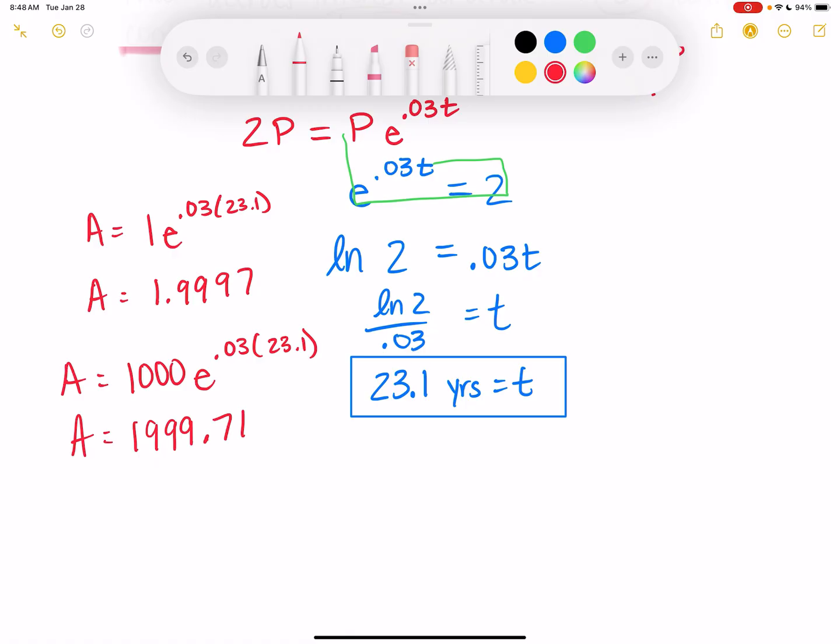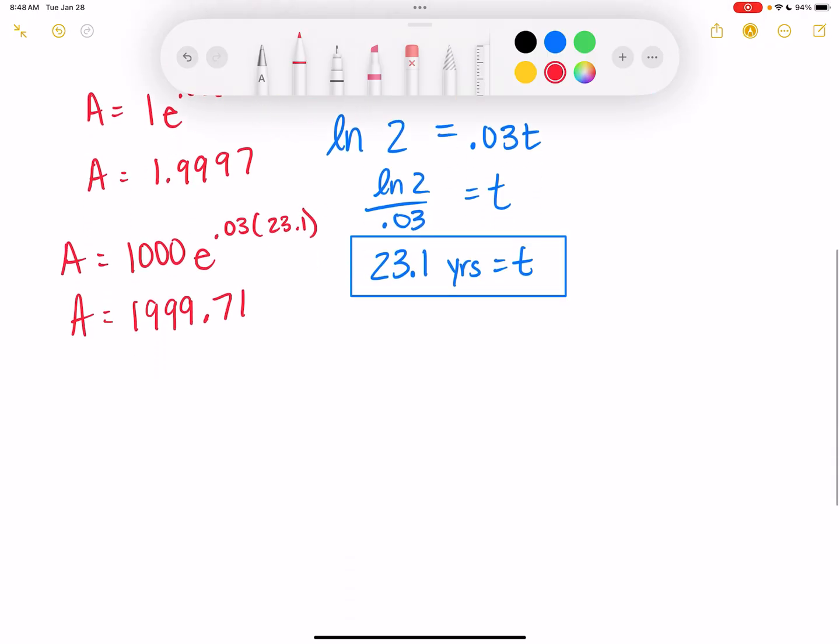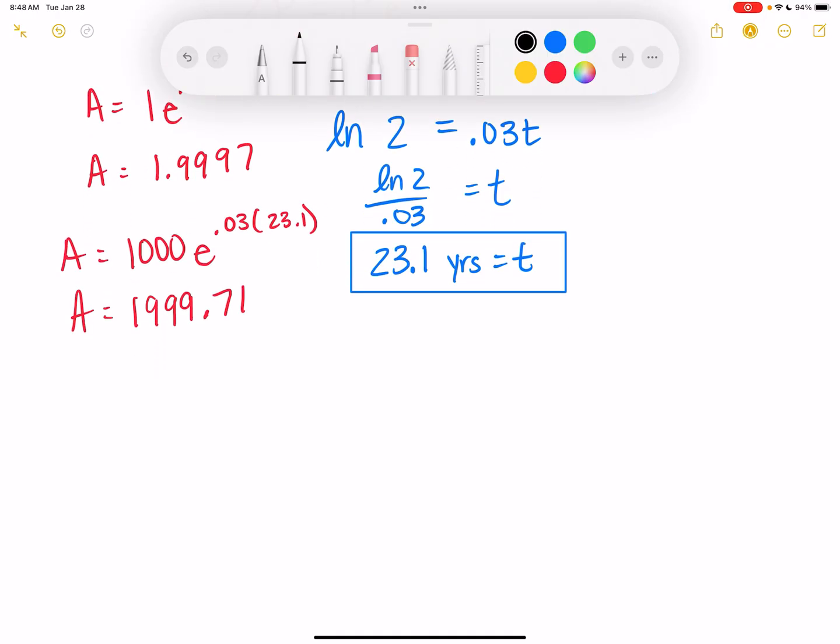All right. Any other questions on that problem? The other type of problem that we're going to deal with is population growth.